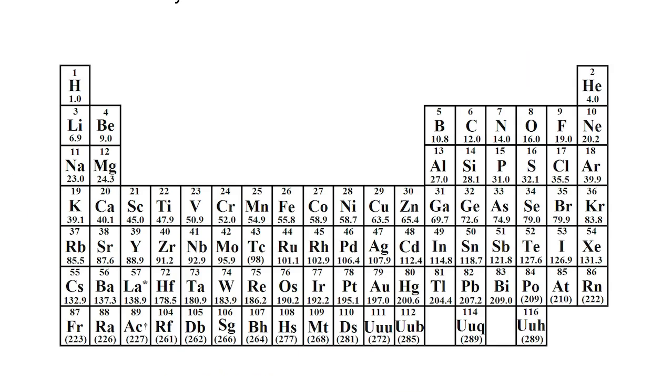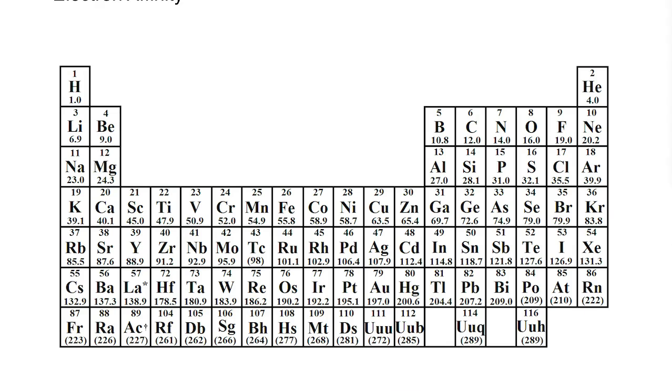Okay, so ionization energy, again, just to refresh, is the energy required to remove an electron from the valence shell of an atom. So, if you think about the periodic table, metals will form cations, meaning metals are more likely to lose electrons, whereas the nonmetals are going to be more likely to gain electrons.